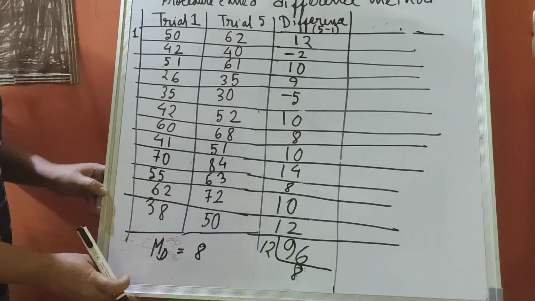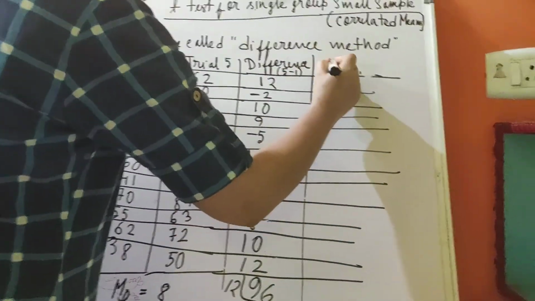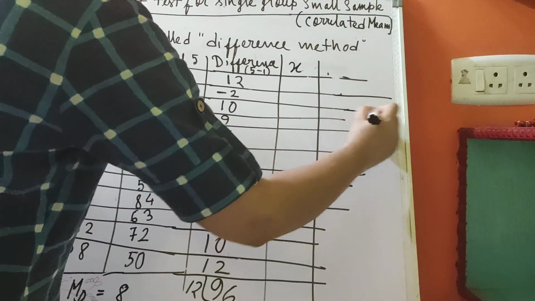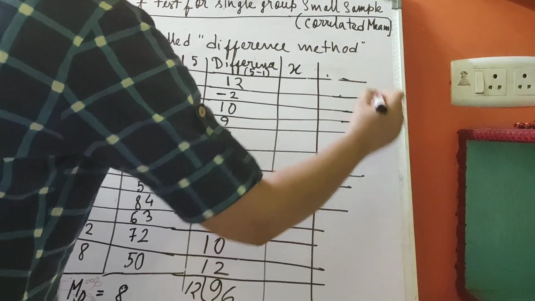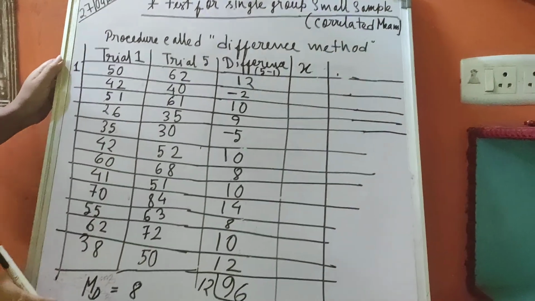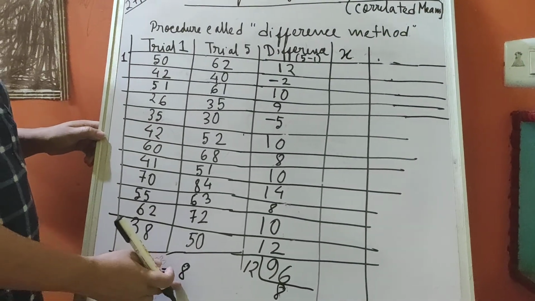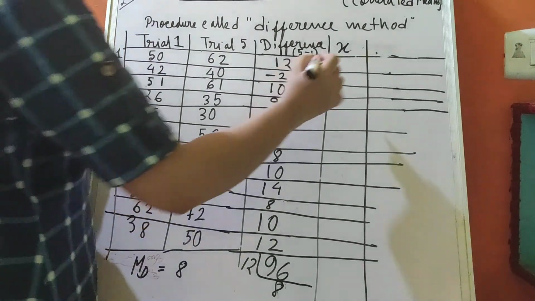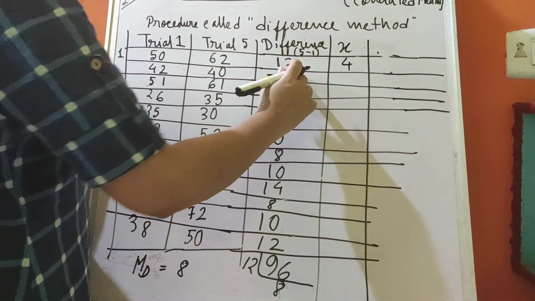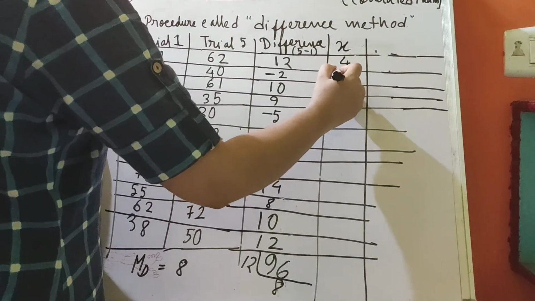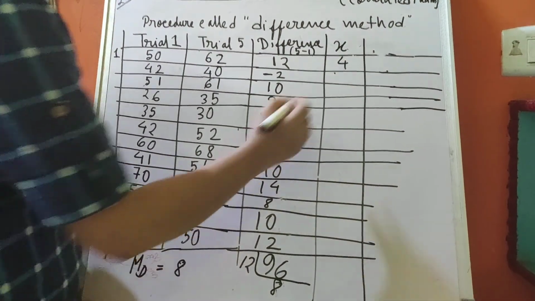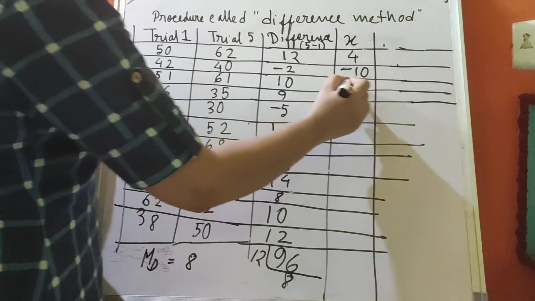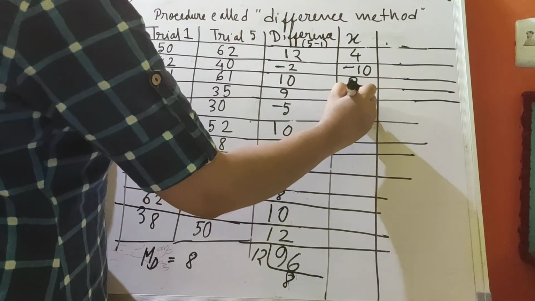Now we will find out small x, that is the deviation of the scores from the mean. So here we find out the deviation of these scores from the mean. 12 minus 8, 4. Minus 2 minus 8 will become minus 10. 10 minus 8, 2. 9 minus 8, 1.